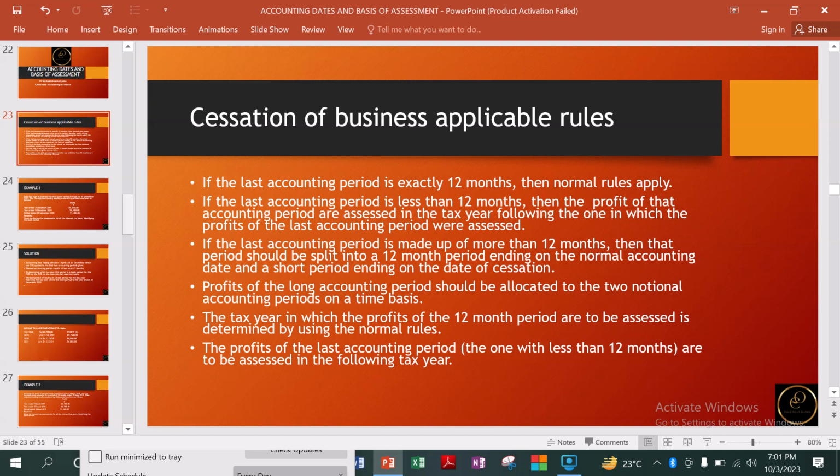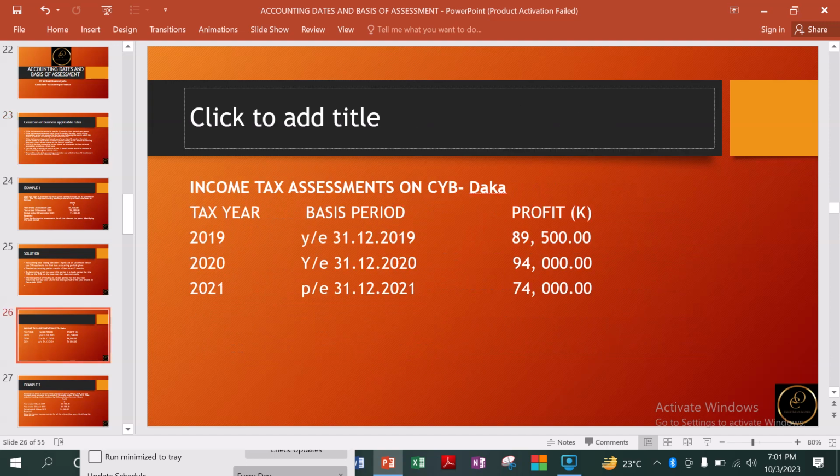The profits of the last accounting period, the one with less than 12 months, are to be assessed in the following tax year, following the previous one. The previous tax year was 2020, so the following tax year is 2021.